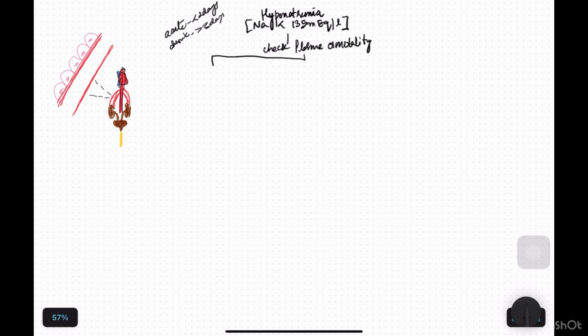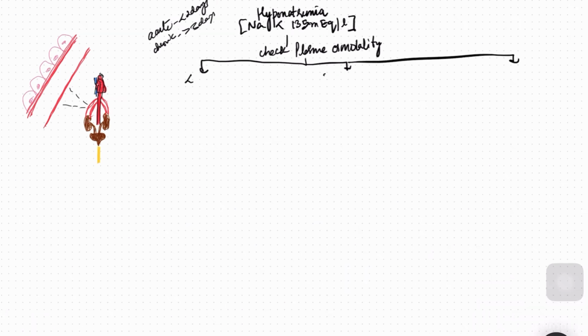Now, your plasma osmolality can come out to be less than normal, less than 275 milliosmoles per liter, or it can be around normal, 275 to 290, or it can be high, more than 290.